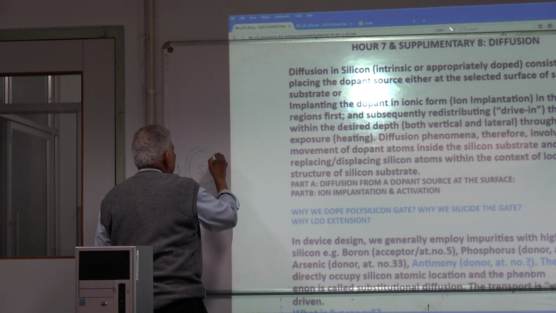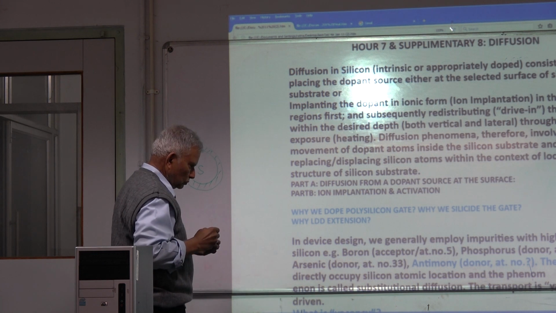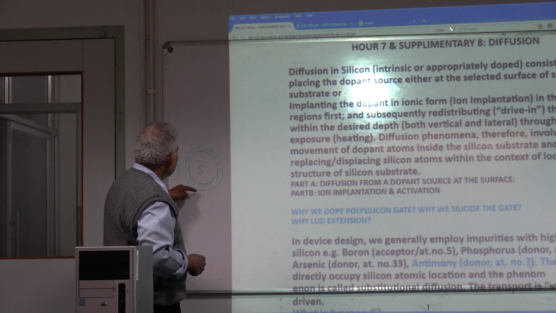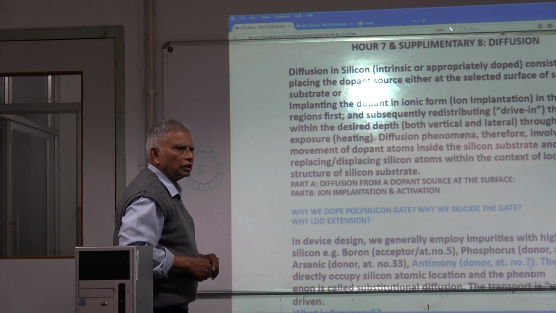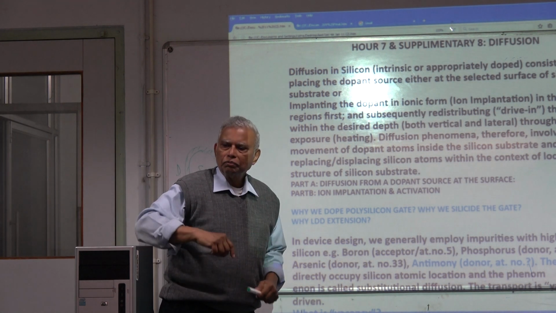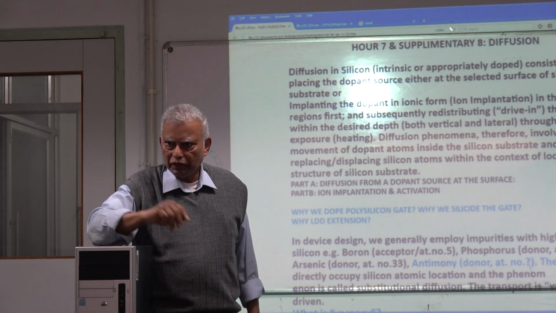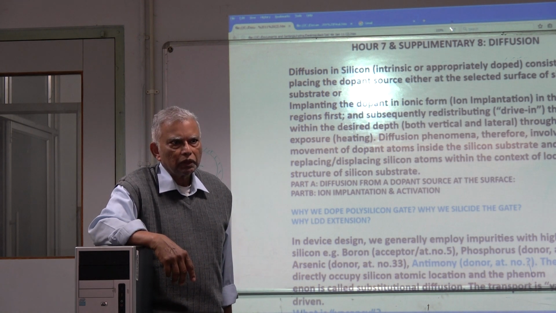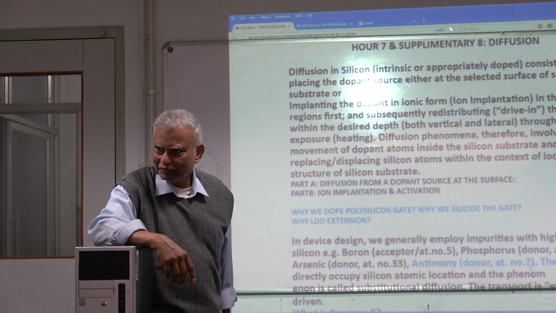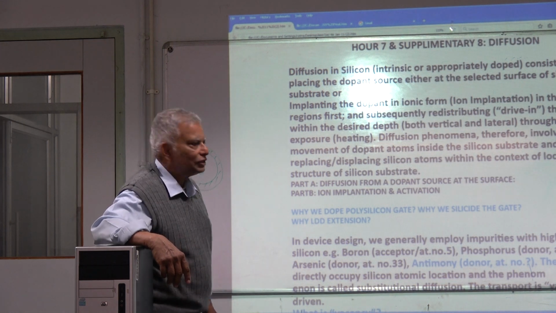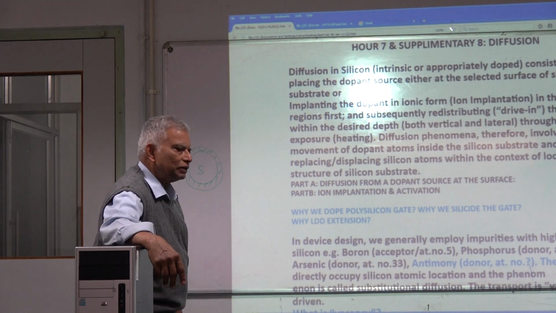This is looking down. The gate is coupling between the source and the channel. In a complete structure, it's no longer planar coupling. There is no short channel. So an ideal device has to be shaped like that.